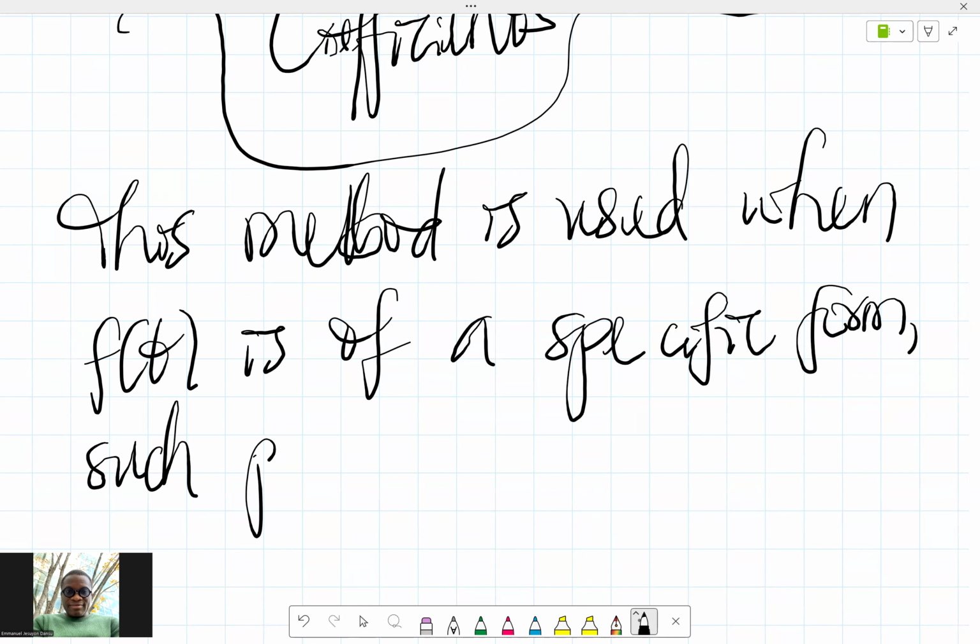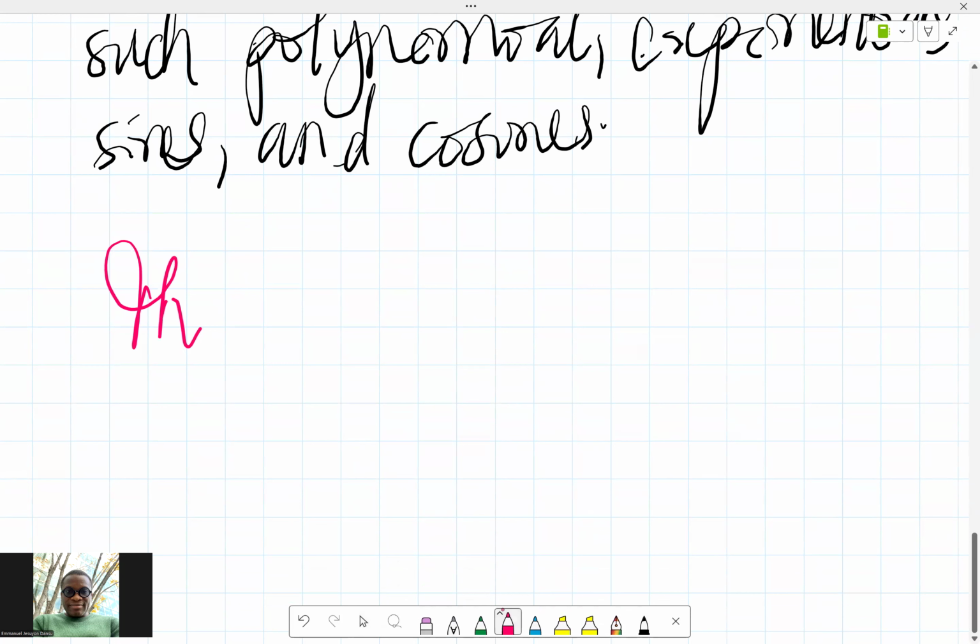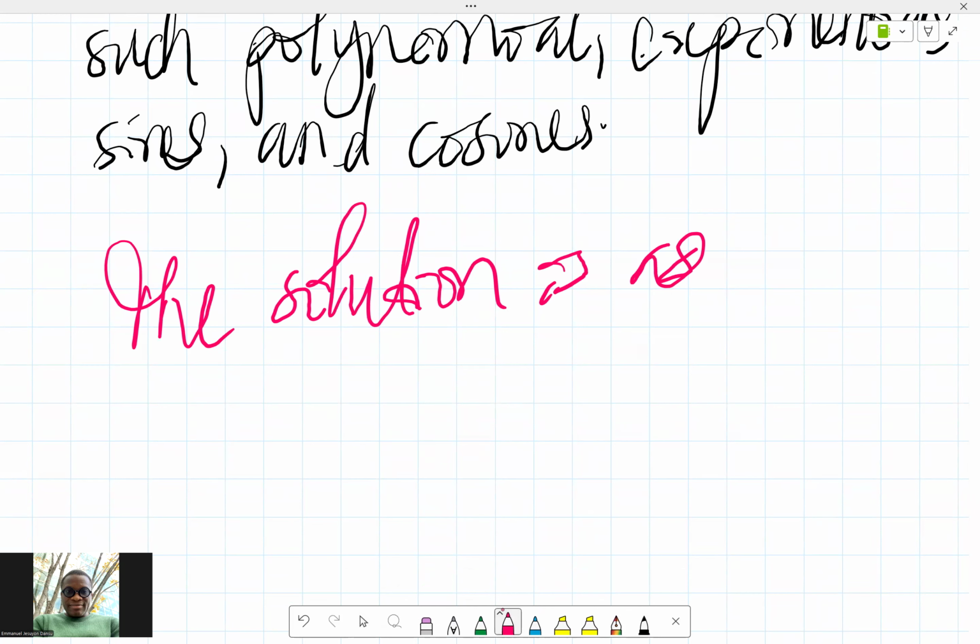So the solution is assumed to be a particular solution with undetermined coefficients. That's where it gets its name from.